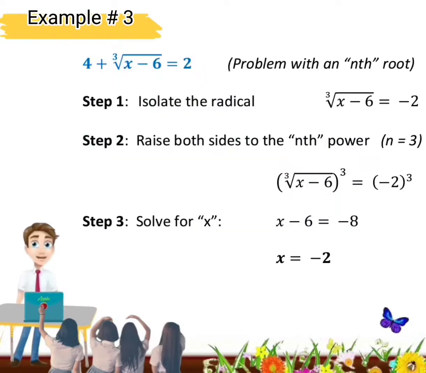And then after isolating the radical sign to the left side of the equation, that's the time that we are going to raise to a given power. Since the index is 3, we are going to raise both sides to the exponent of 3 so that we can remove the radical sign to the left.